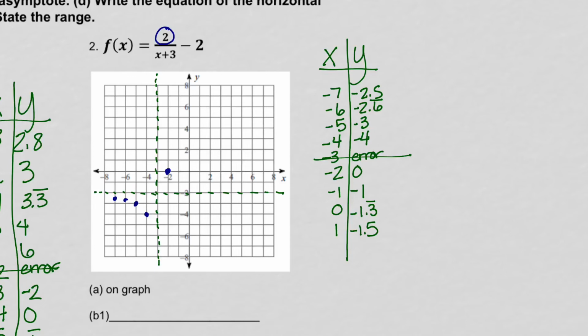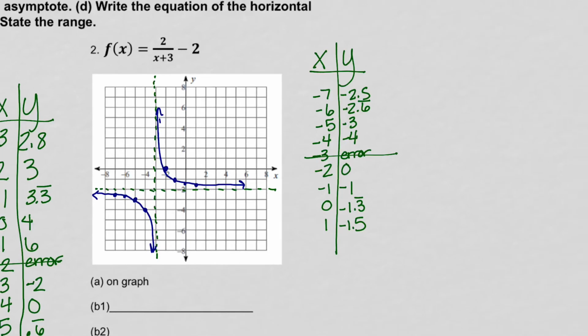Okay, so those 2 points, the equation itself gives you, but we also got them by plugging in or using the chart. All right, so at -2, I'm at 0, -1, -1. Let's see, 0, -1.3. Okay, so here is my hyperbola. 1, and then 2. Okay, so I have my graph.